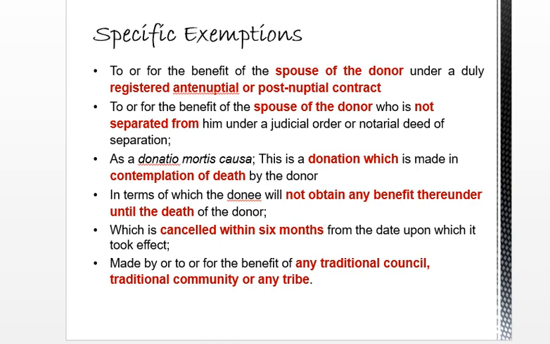So again to your spouse, but you are not separated, as a donatio mortis causa, so basically a donation made in the contemplation of death by a donor, in terms of which a donee will not obtain any benefit thereunder until the death of the donor. So that's an important one.